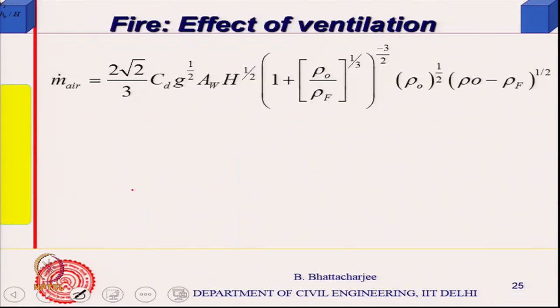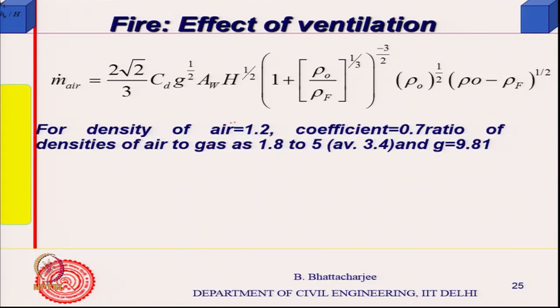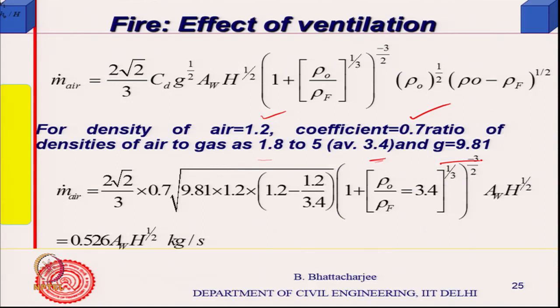By doing all this, for air density of 1.2, CD equal to 0.7, the ratio of densities taken as the average, g 9.81, and for wood, one can get a value of 0.526 A W H to the power half.